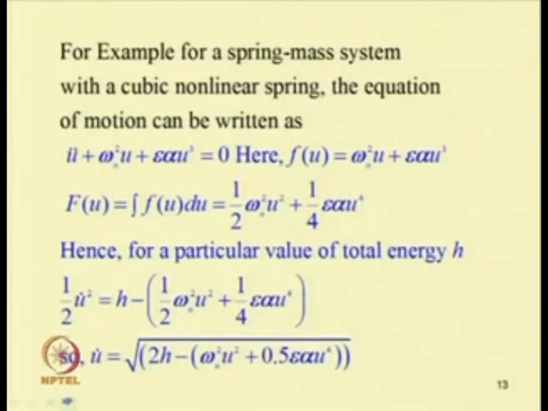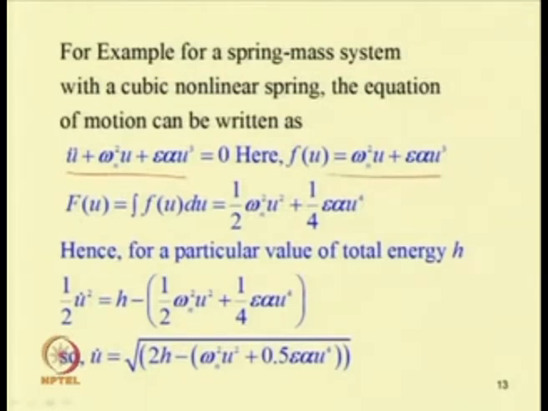For example, in a spring mass system with cubic nonlinear spring, the equation can be written as u double dot plus omega n square u plus epsilon alpha u cube equal to 0. So here f(u) equals omega n square u plus epsilon alpha u cube.